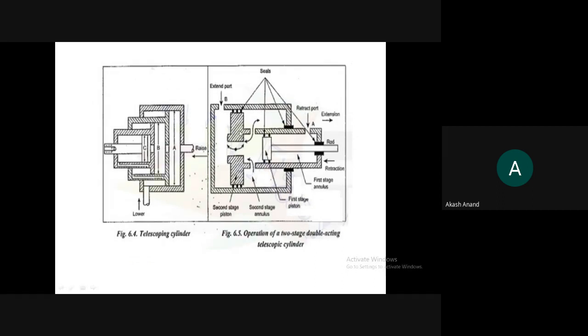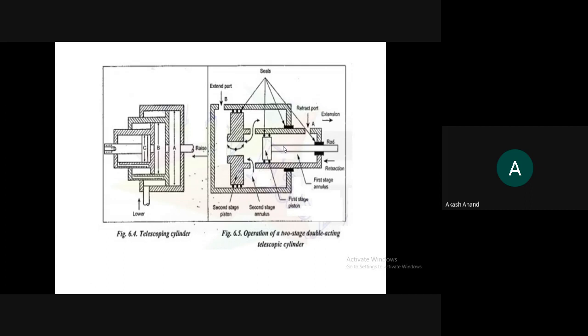You can see there is some partition, two types of piston, that is first stage piston, second stage piston, etc., and there is an inside port. This entire arrangement is used to get a telescopic movement for the piston.